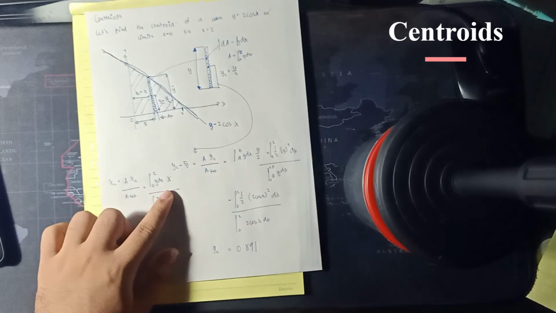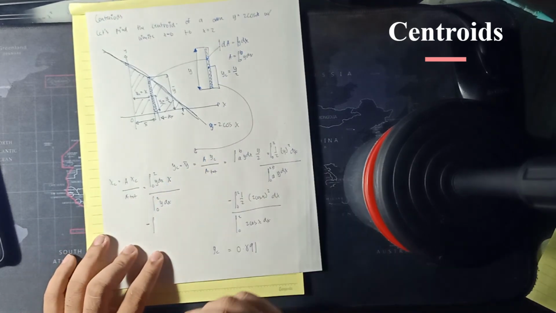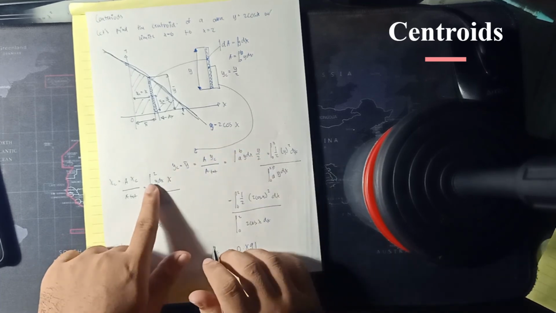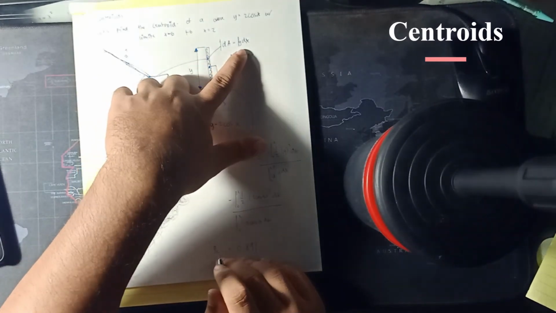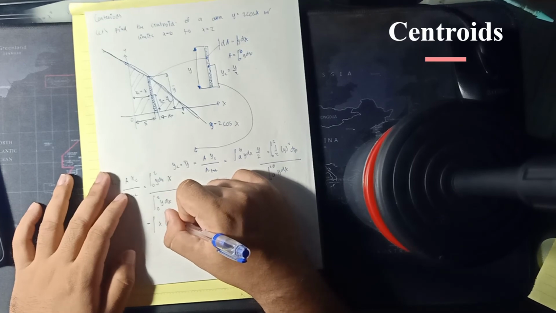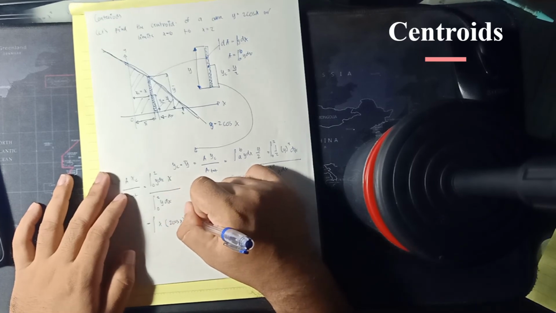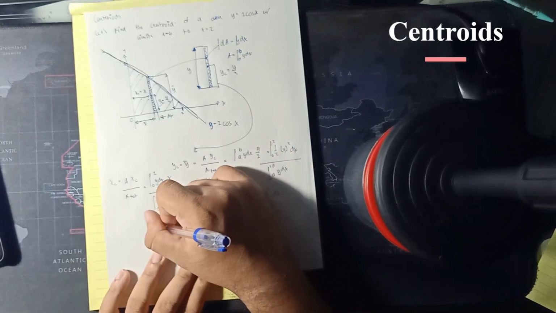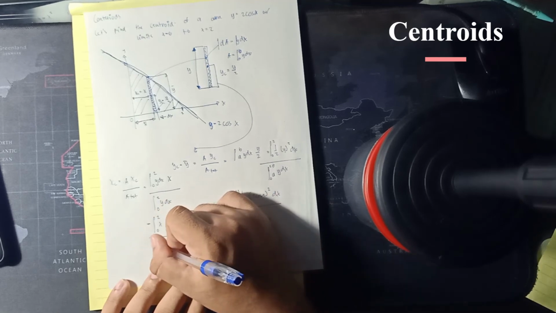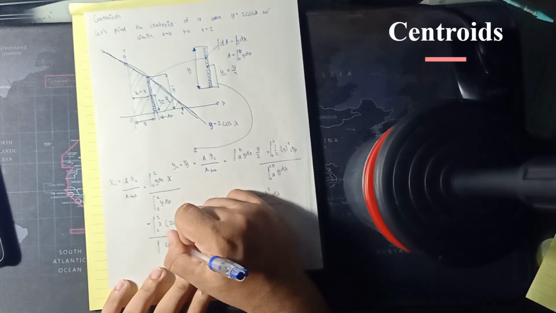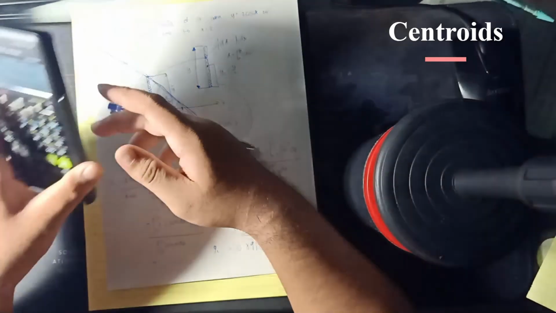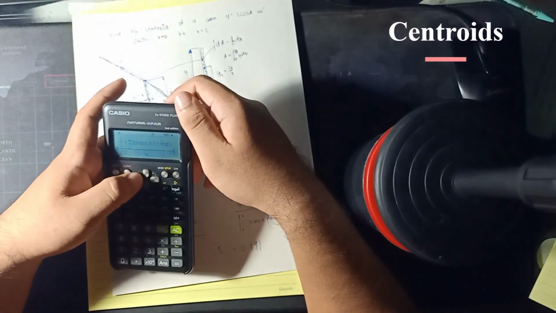So now, if you rewrite this, this would be the integral of x times y dx. Your y dx is 2 cosine x dx with limits from 0 to 2, over the area total, which is only the integral of 2 cosine x dx with limits from 0 to 2. And so we could actually now just rearrange this.